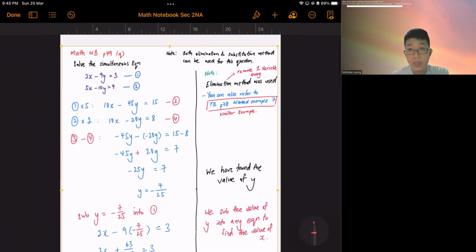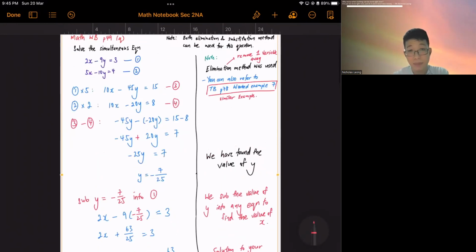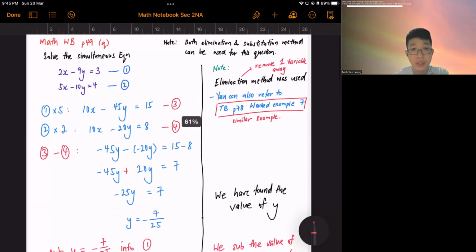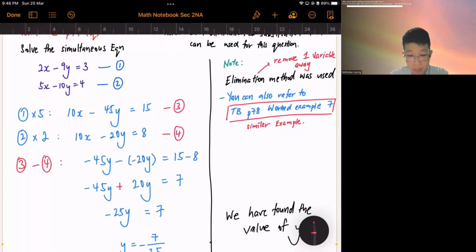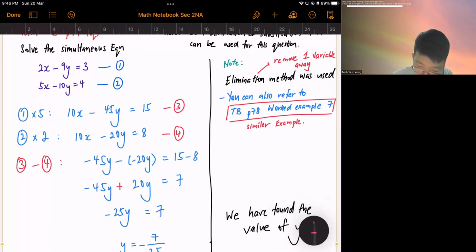Let's recap. There are generally 3 steps. First, you need to check whether the coefficients of x and y are the same. Once they are the same, you'll be able to use the elimination method to either subtract or add the equations. In this case, since it's 10x and 10x, you need to subtract. 10x minus 10x is 0.